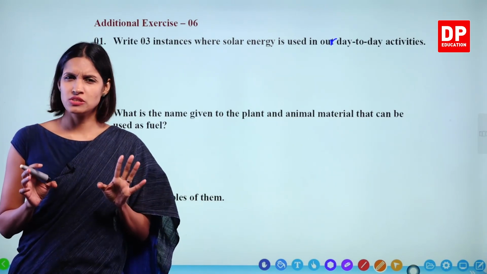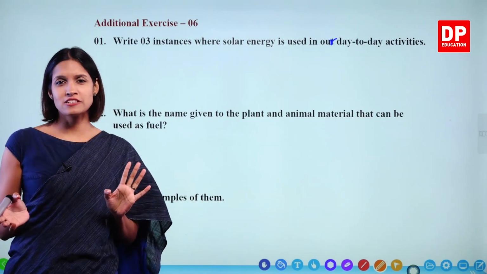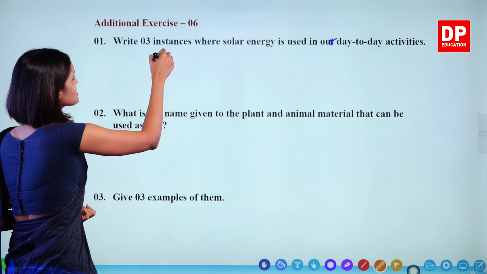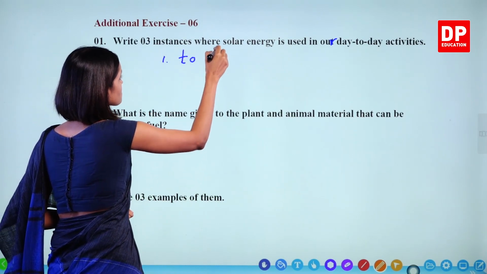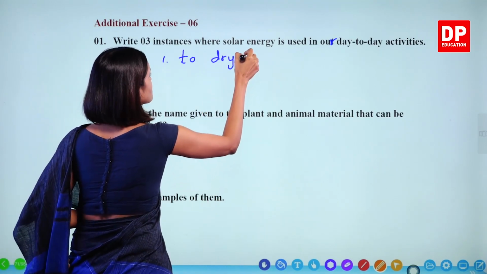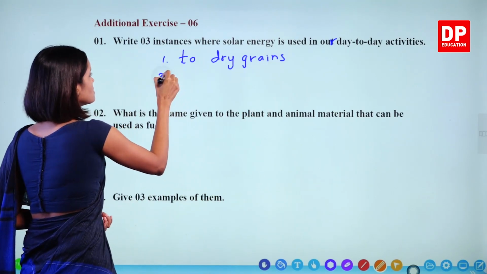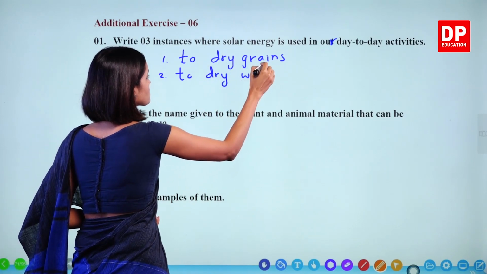When it comes to generating electricity, we don't do that as our day-to-day activity, right? So shall we write down what are the instances? To dry grains, to dry wet clothes.